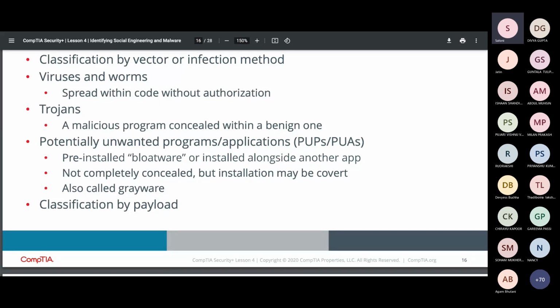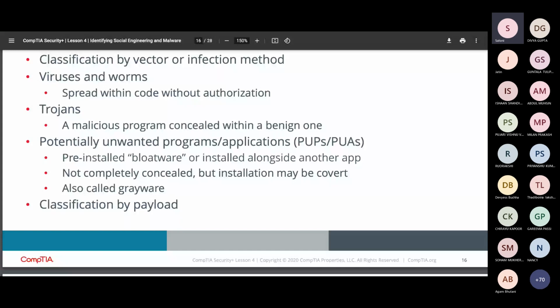So it may have been installed without active consent or consent from a purposefully confusing license agreement. कोई ऐसा license agreement आ गया तो हमने इसको accept कर लिया, consent ले लिया, या फिर इन्होंने हमारा consent लिया भी नहीं. So this type of software is sometimes described as grayware rather than malware.